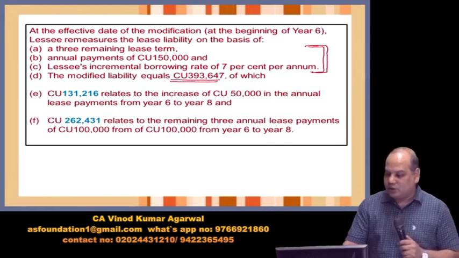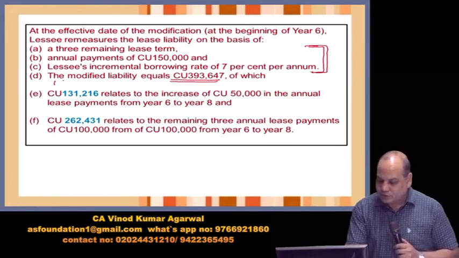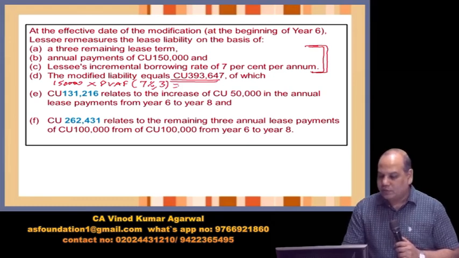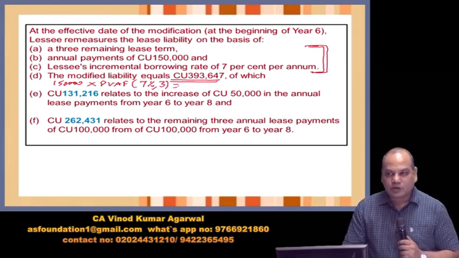So take your calculator, 1,50,000 into PV annuity factor, 7%, 3 years. 1 divided by 1.07 equal to, then GT into 1,50,000.